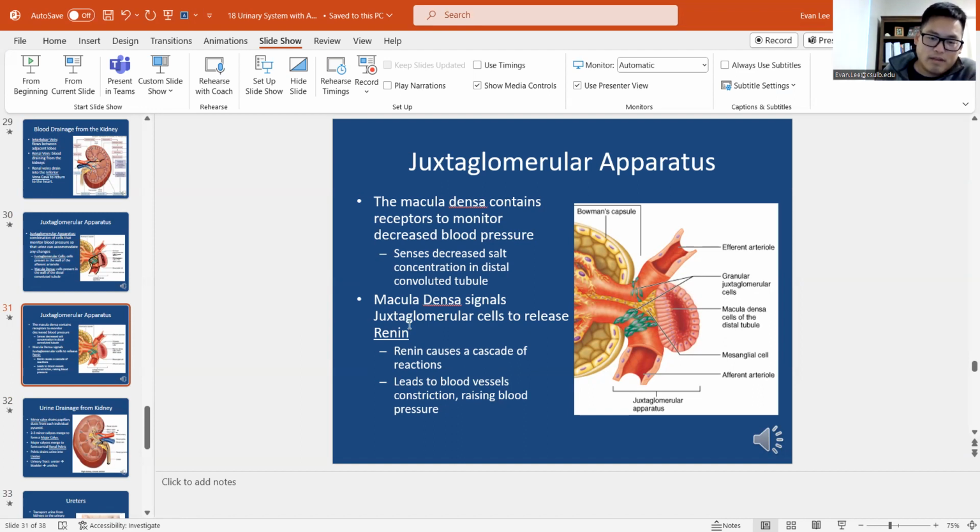Number one, it helps with releasing something called renin, and it stimulates a cascade called the renin-angiotensin-aldosterone system. So once again, good luck in physio, but otherwise, renin is going to be helping you to ultimately increase blood pressure.